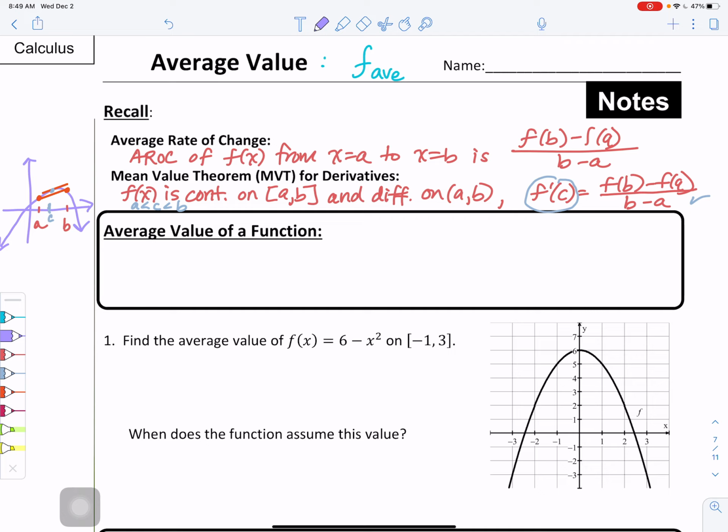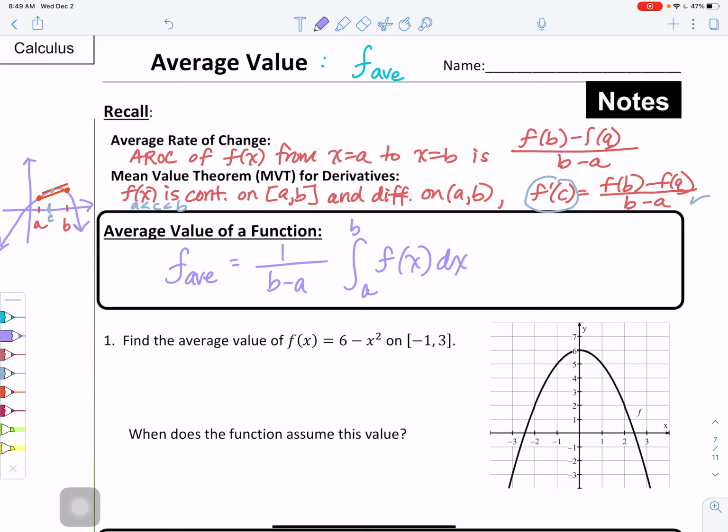The average value of a function, which I always call fav, f average, is equal to 1 over b minus a multiplied by the integral from a to b of f of x dx. That's the average value of a function that's continuous and differentiable.